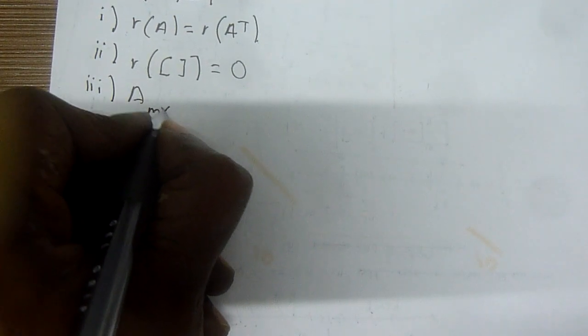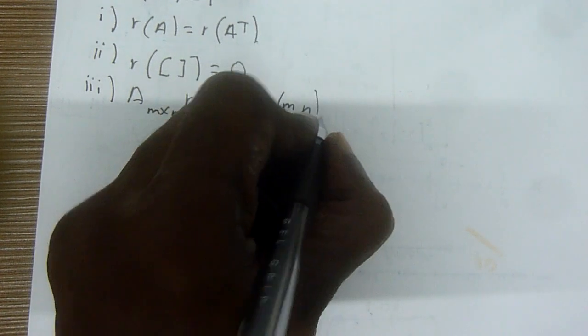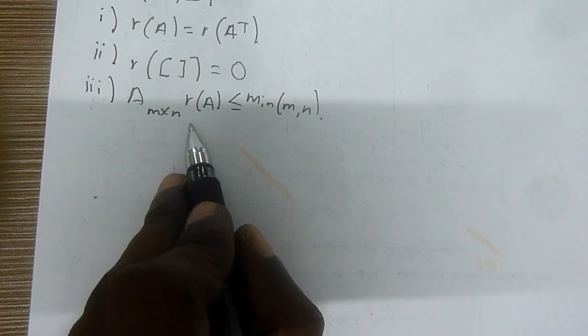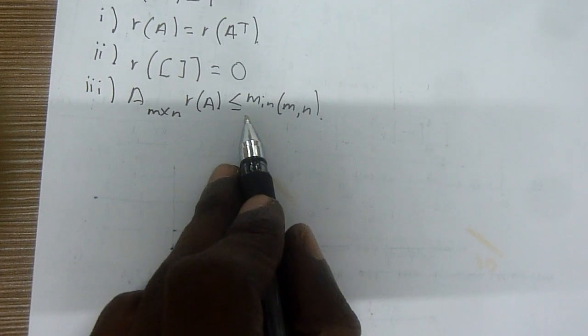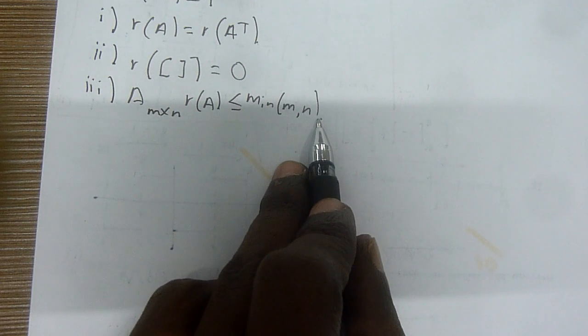this. Okay, if A is m times n, the rank of A is less than or equal to the minimum of m and n. If any matrix is m times n, the rank of A we can identify based on the min of m and n.